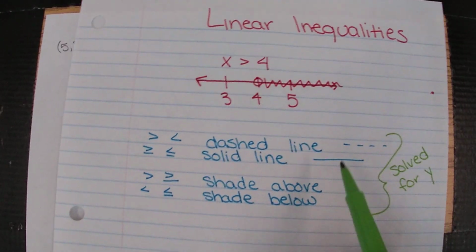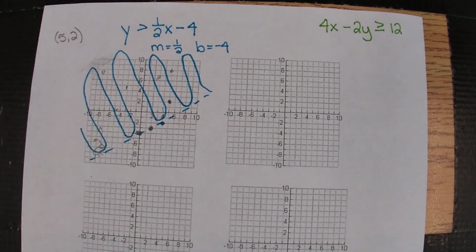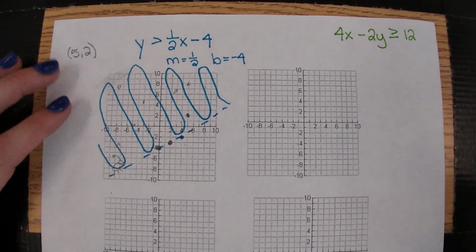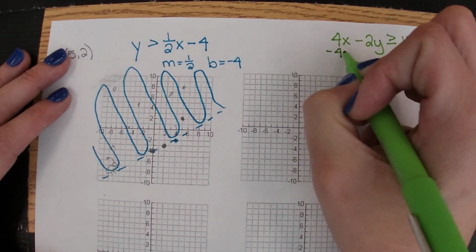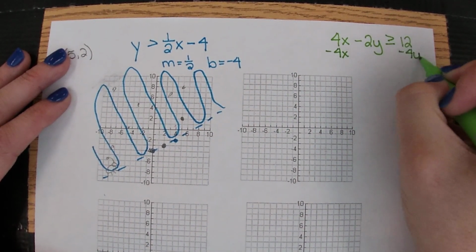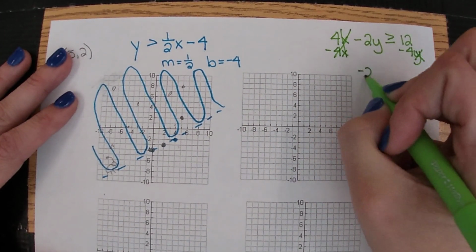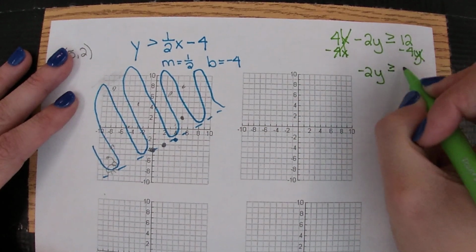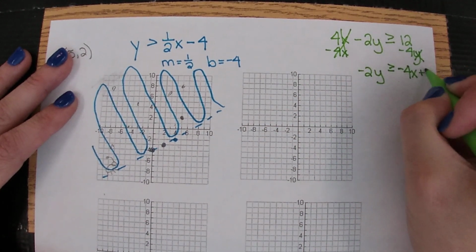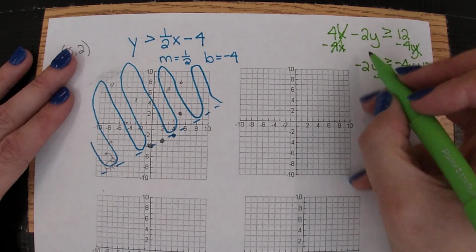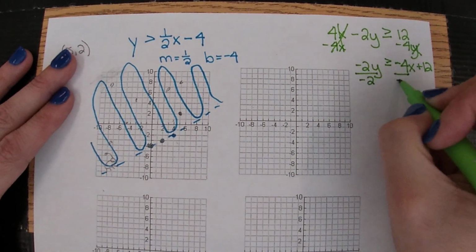Our rules don't work over here, so we really need this to be solved for y. So to solve for y, we're going to subtract our 4x. Oh, that's an x. Sorry, guys, I can't write and talk. So I have -2y is greater than or equal to -4x plus 12. And then we're going to divide by -2.